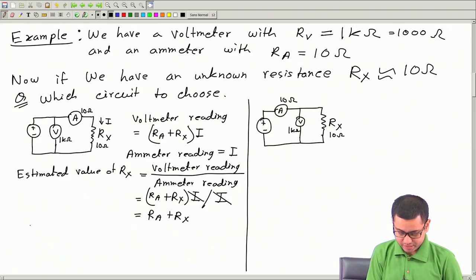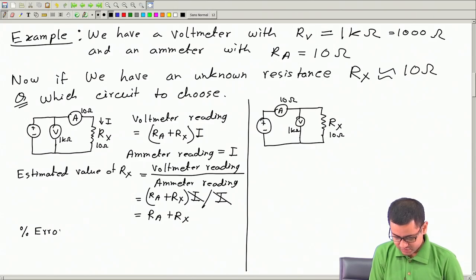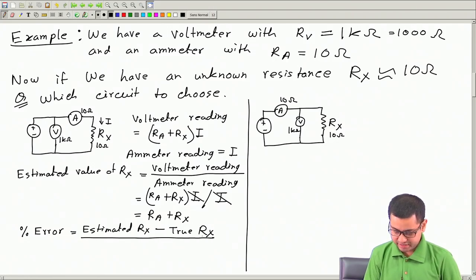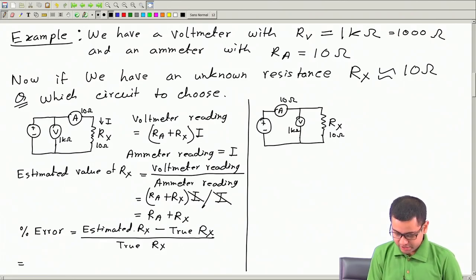Okay, now the error, say percentage error, which I define as estimated Rx minus the true Rx whole divided by true Rx. Okay, so then this will come out to be, so estimated Rx is Ra plus Rx.